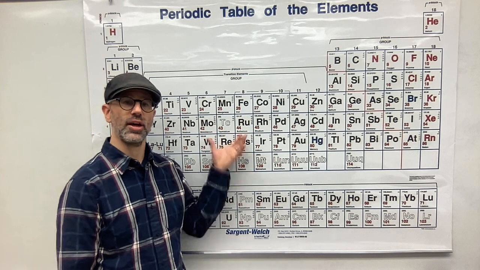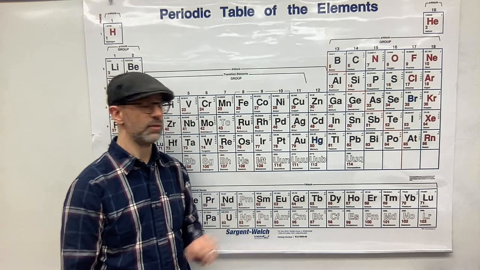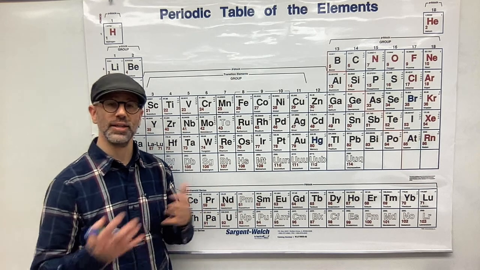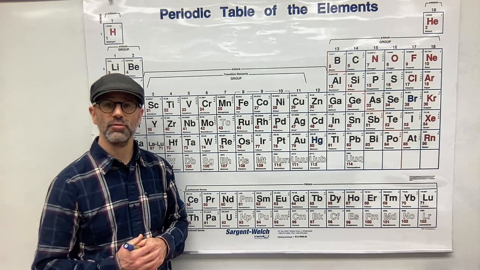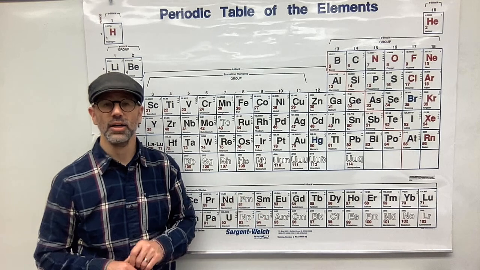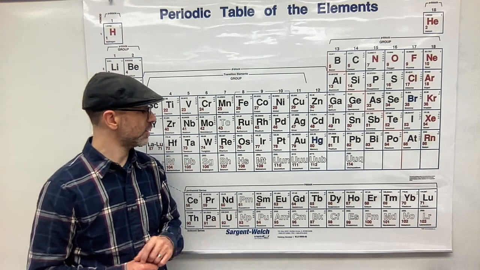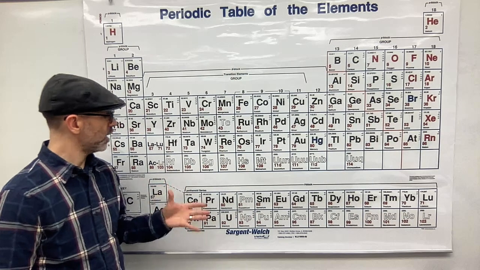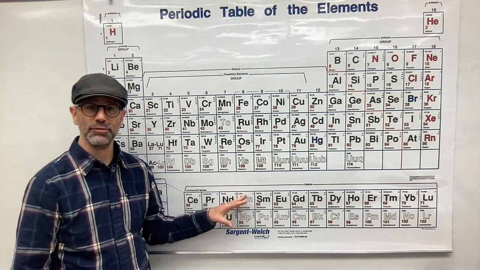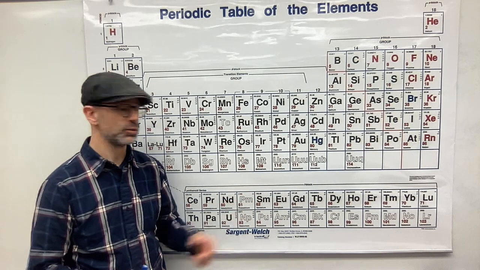But a lot of times it's either the first letter of the name by itself or it's the first and second letter. The other thing you'll notice is that not only does a symbol come from the Latin name or the Greek name of the element, but a lot of times you'll notice that these elements are named after famous scientists or places or things like that.